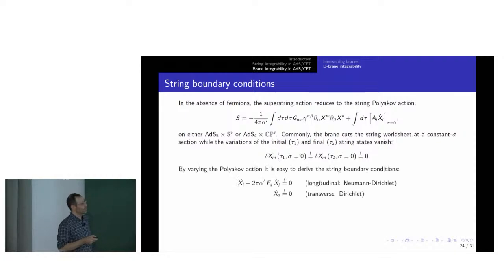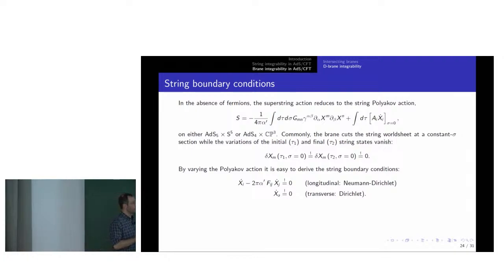And so if I vary this action, by demanding that the variations on the initial and final states vanish, I can arrive at this result, which says that the boundary conditions, and the boundary conditions is this exclamation mark on the equal sign, this holds on the boundary, are Neumann-Dirichlet for the longitudinal coordinates of the string, and the transverse ones are Dirichlet.